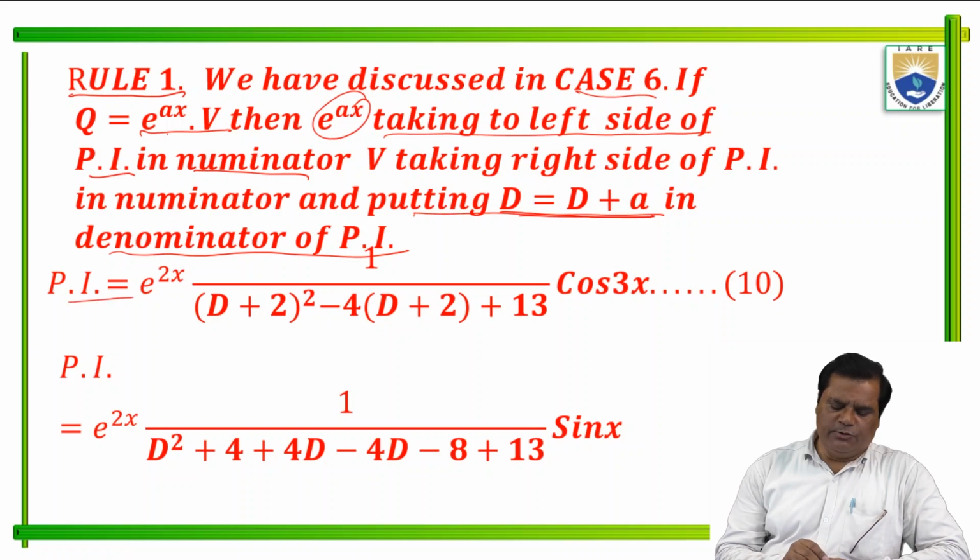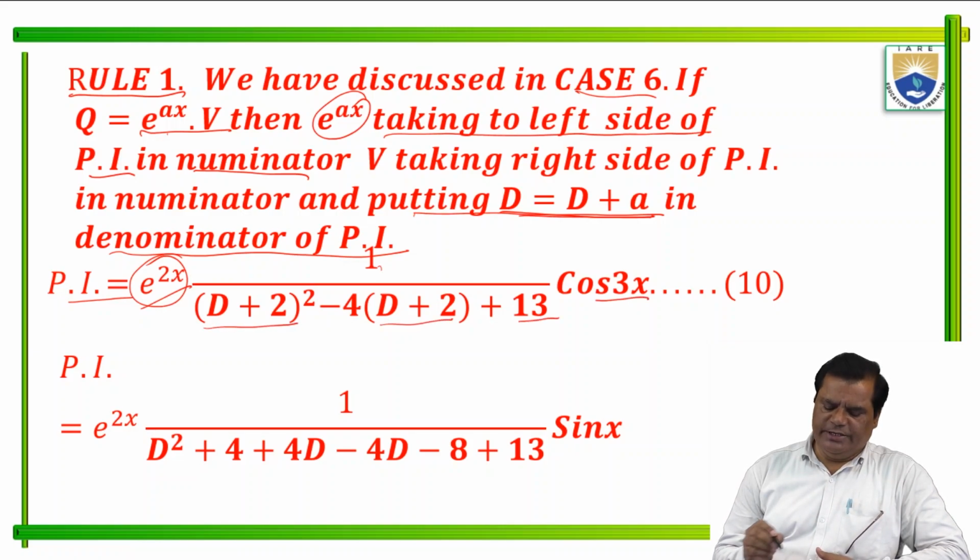So now PI equals e to the power 2x, this is the left side, and 1 upon (D plus 2) square minus 4(D plus 2) plus 13, cos 3x. So squaring on both sides, e to the power 2x, D square plus 4 plus 4D, minus 4D minus 8 plus 13. Here is cos 3x.